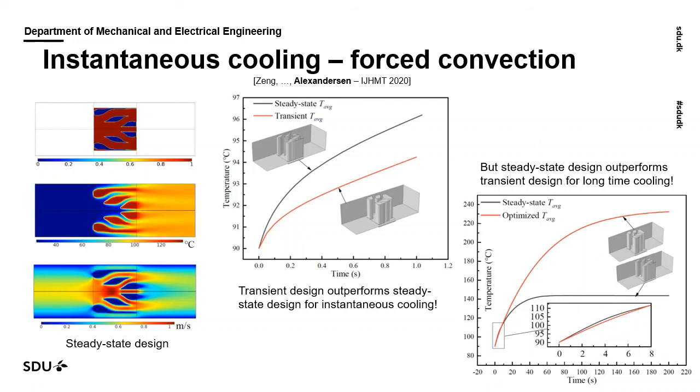But in an electronics situation, chips will often turn on and off intermittently. They won't be exerting the same thermal load for long times. So this instantaneous temperature will actually be more interesting. But of course, this is just the beginning of this work, and there is more to be done here.